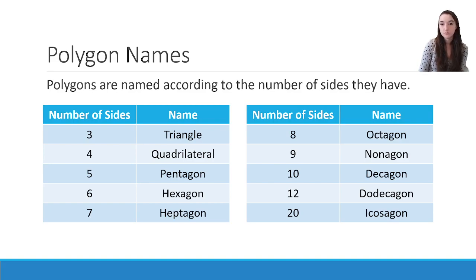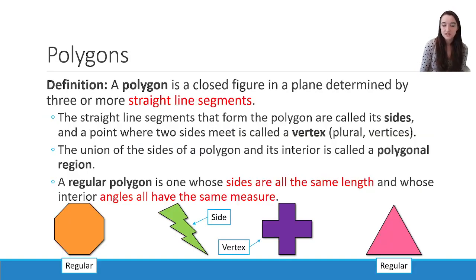Now you'll notice that I've skipped over 11 as well as 13 through 19 and stopped at 20. Essentially, once we get into larger numbers, we tend to just refer to them as what are called n-gons, where n is whatever the number of sides is. So for example, this lightning bolt has 11 sides, so I would call it an 11-gon. I believe the plus sign here has what? 1, 2, 3, 4, 5, 6, 7, 8, 9, 10, 11, 12.